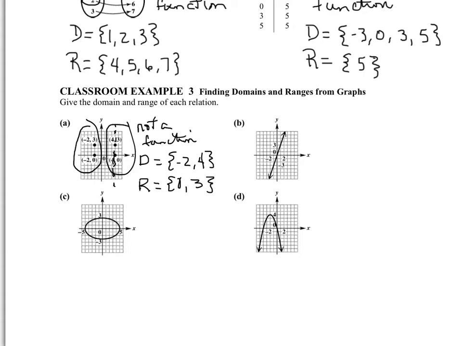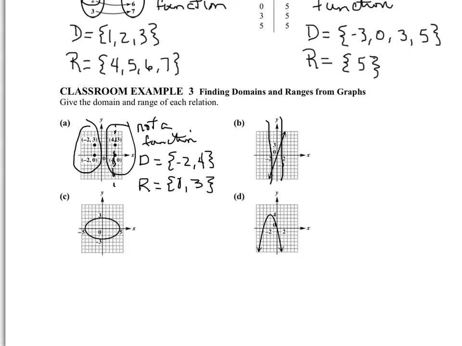So when I look at this, and remember I gave you an idea a minute ago with a graph, you can use what's called a vertical line test. If I were to draw a vertical line anywhere on this graph, could it ever cross my graph in more than one place?